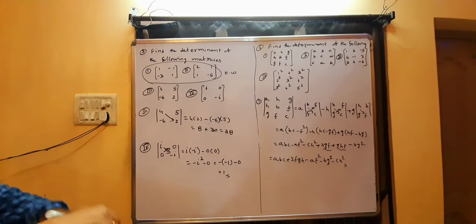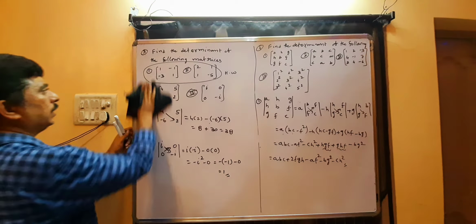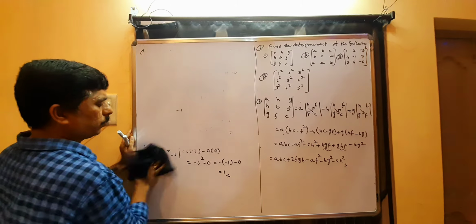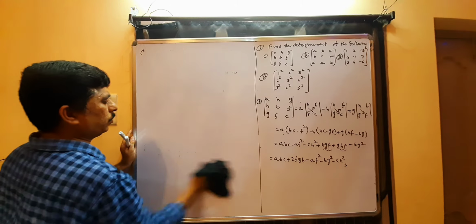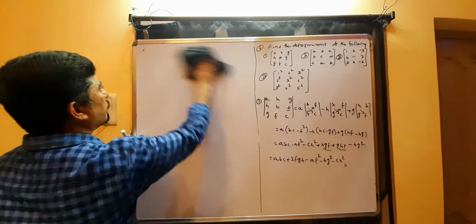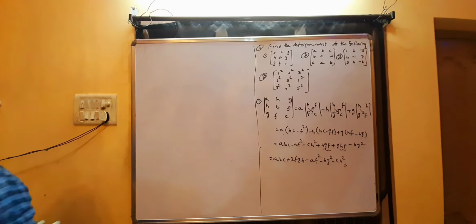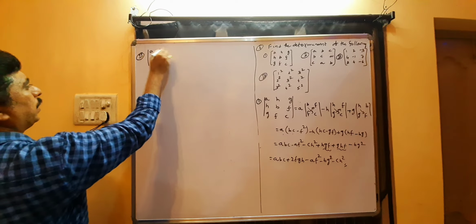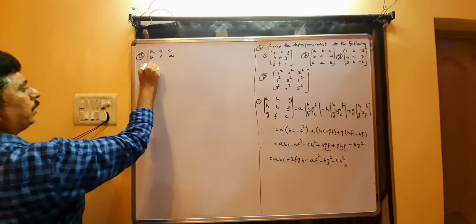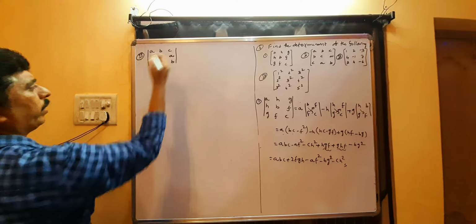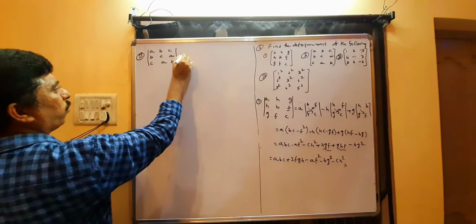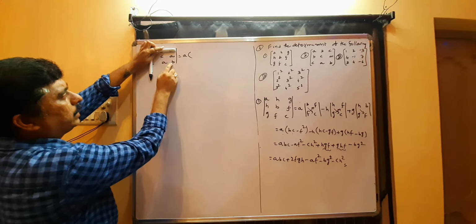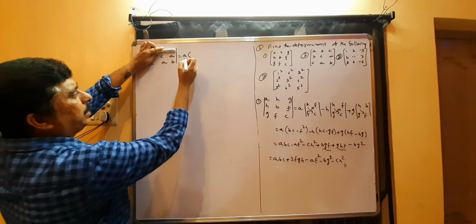Second bit, they are asking to find the determinant of A B C, B C A, C A B. A into the determinant after closing the first row and first column: B into C minus A square, that is BC minus A square.